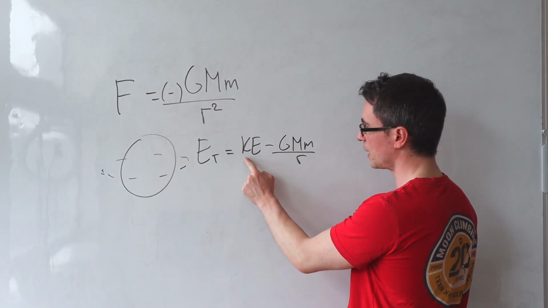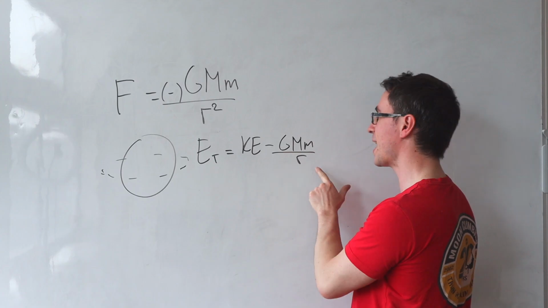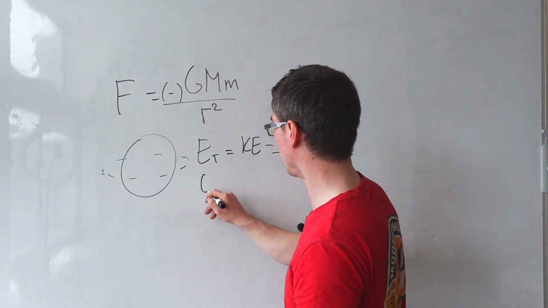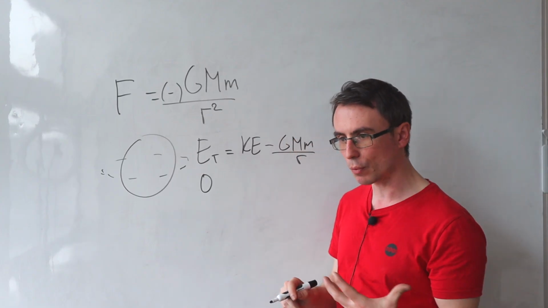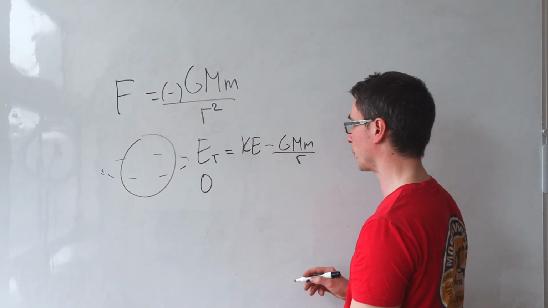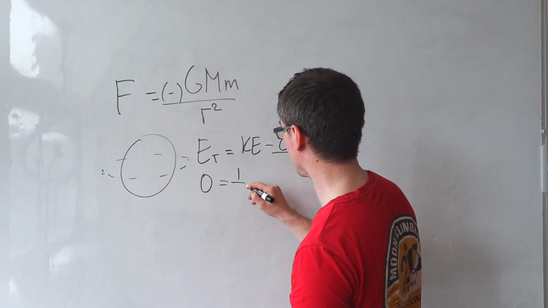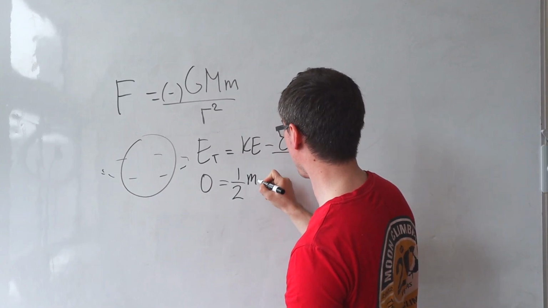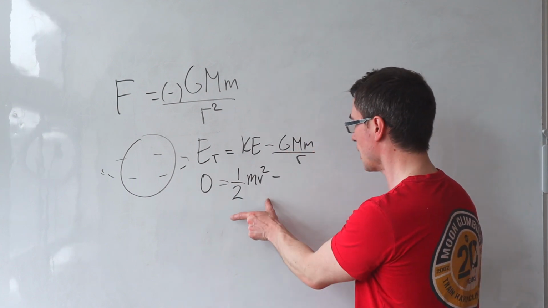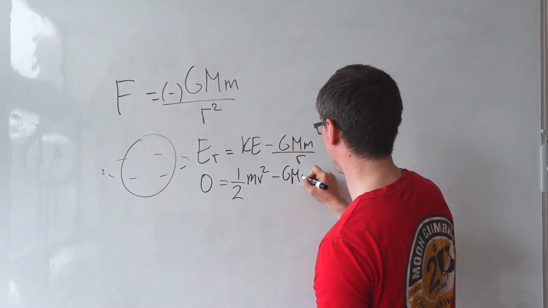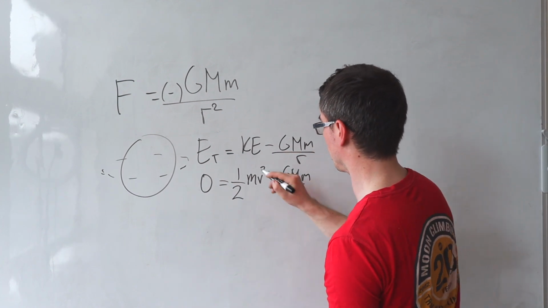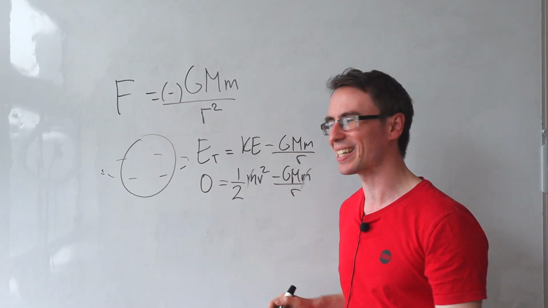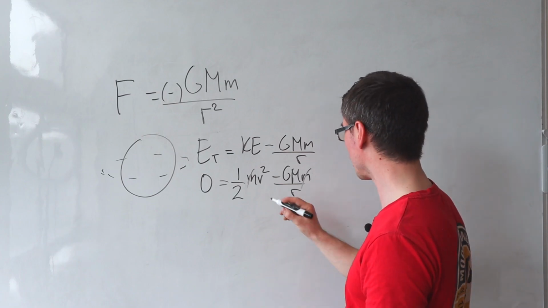So this here is kinetic energy plus the negative potential energy. Once those two are equal and the total energy is zero, the object will start to escape from that field, and we're going to get the escape velocity. So in other words, a half mv squared, take away GMm over r has to be equal to 0. We set those two equal to one another. This is where this equation actually comes from.